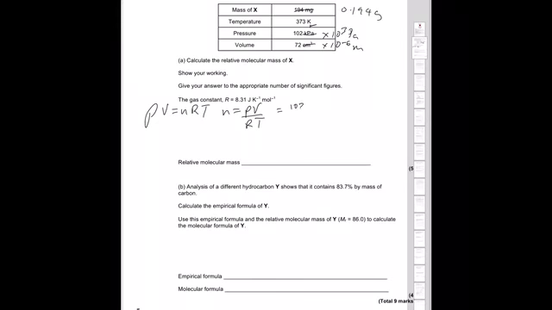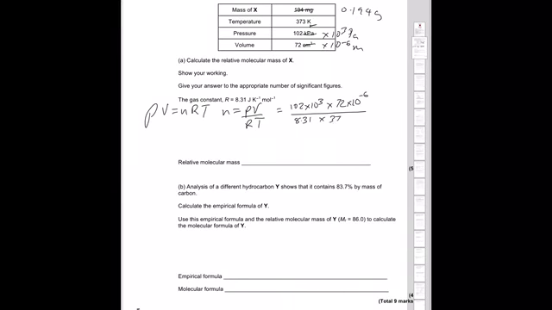So we've got 102 times 10 to the 3 pascals times by the volume, which is 72 times 10 to the minus 6 meters cubed, over R, which they give you 8.31, times by temperature, which they weirdly give you in Kelvin.